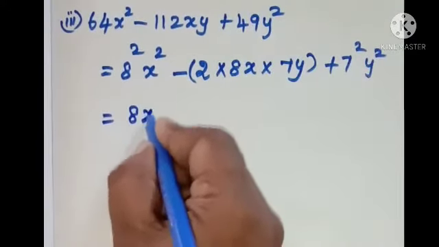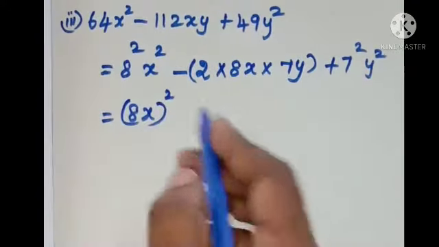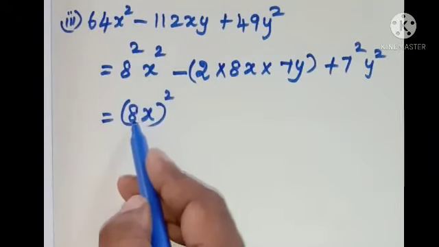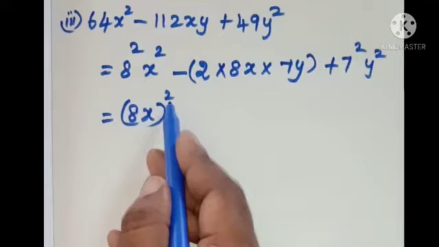So 8x the whole square. Here square is common for both 8 and x. So we can write 8x the whole square.